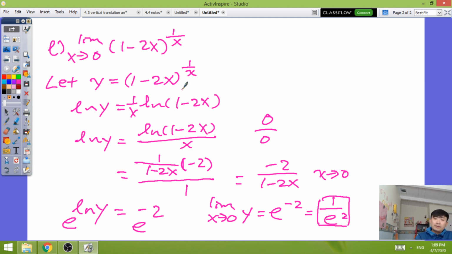Again, any time you see a structure with the variable as a power, you can always do it this way. Separate the functions, set y equals the whole thing, and then use the properties of natural log, and then we can separate them. That would be a quotient, so we can use L'Hopital's rule. But don't forget to undo the natural log. The way to undo it is to simply take base e on both sides, so we can find the limit.